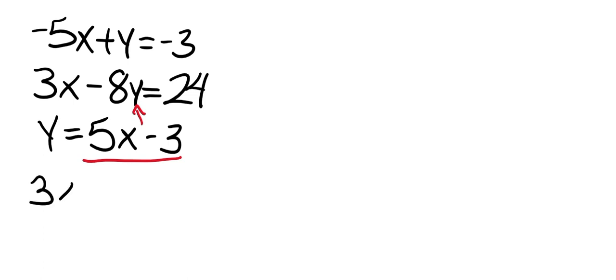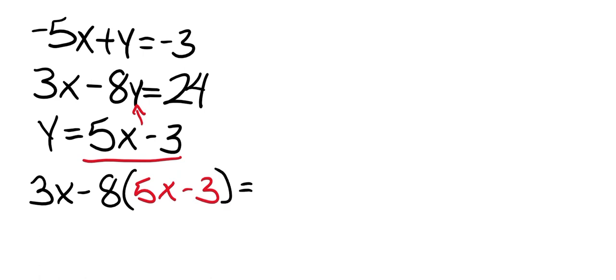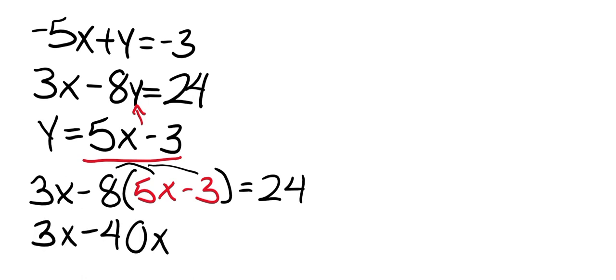That will give us 3x minus 8 times 5x minus 3 equals 24. Next, we're going to distribute the negative 8 to get 3x minus 40x plus 24 equals 24.